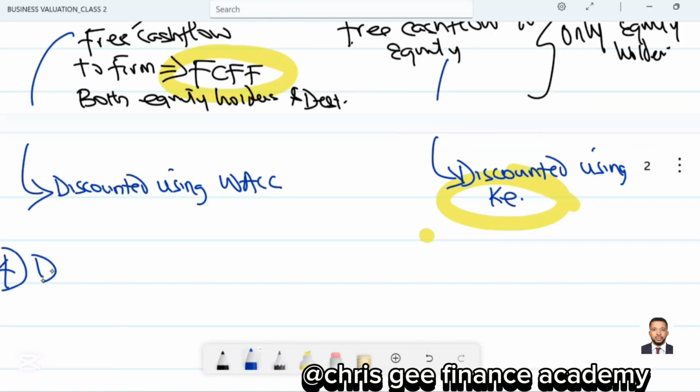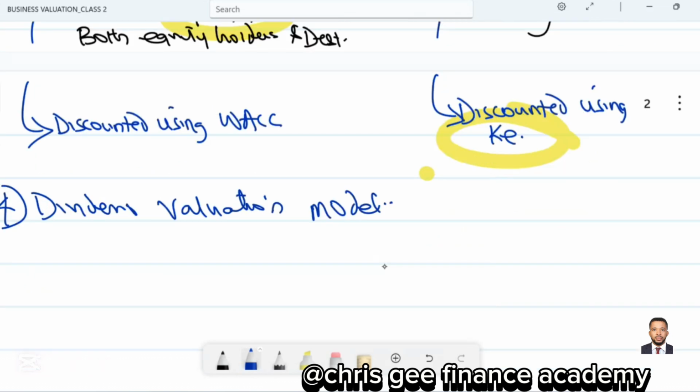So we move on. And then the fourth one is what? The dividend valuation model. It is not different from what you did under cost of equity. And according to DVM, remember your KE equals D divided by MVE x div. All we are saying here is the cost of any equity is the dividend I'm paying now divided by the market value of that equity, x div, right?